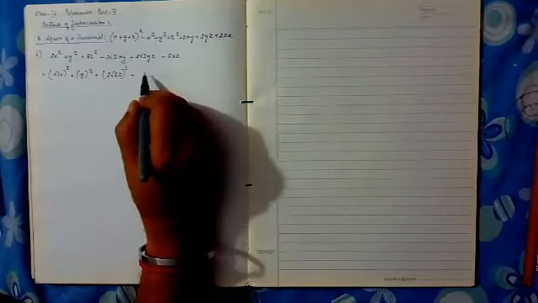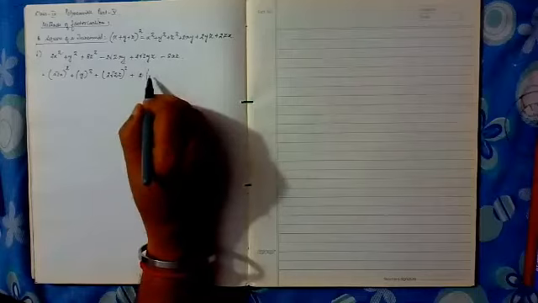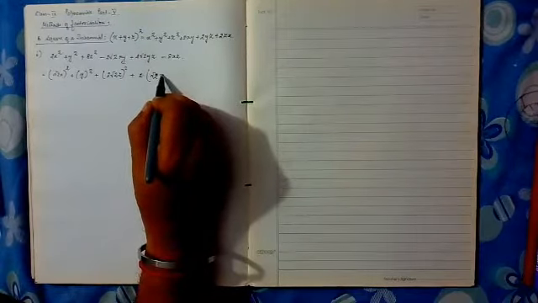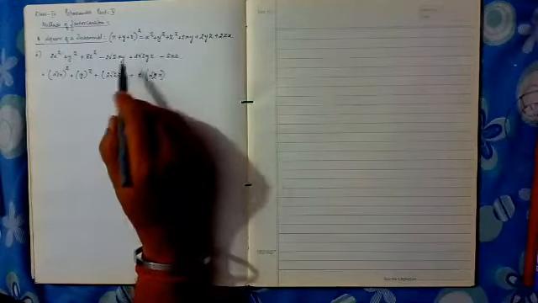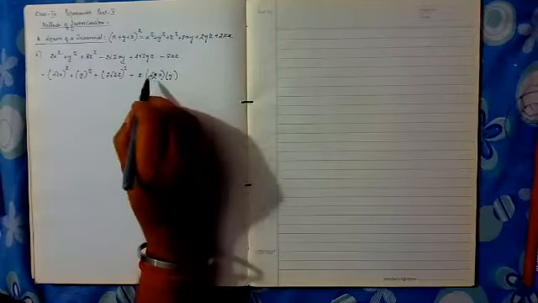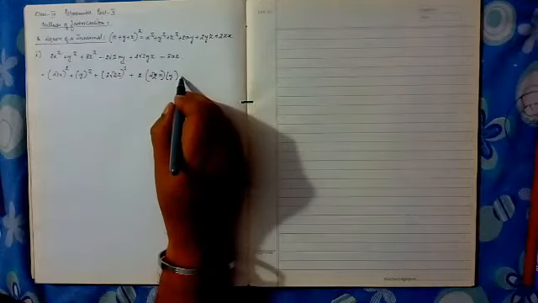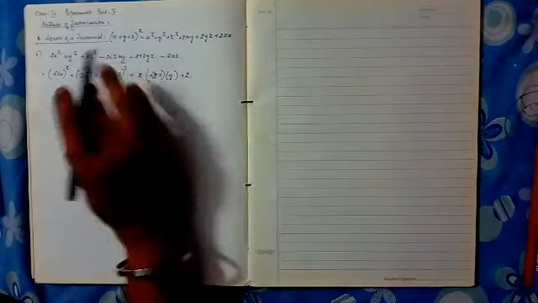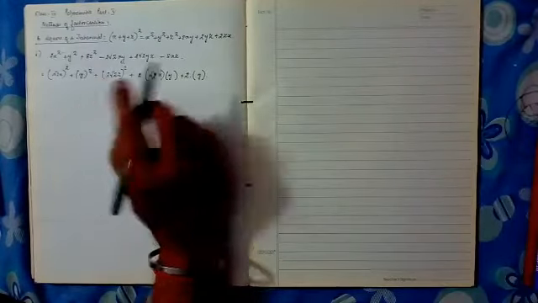So plus 2 into root 2 x into y. I haven't given their sign. Let us see the next one. Plus 2yz. So 2, y means y, z means 2 root 2 z.